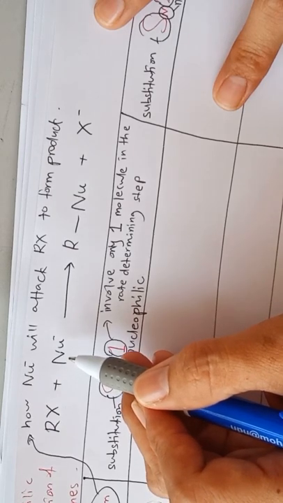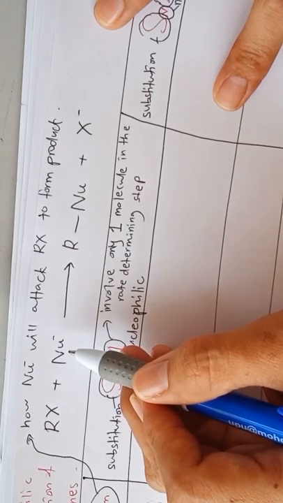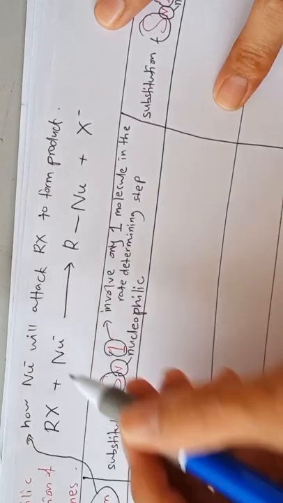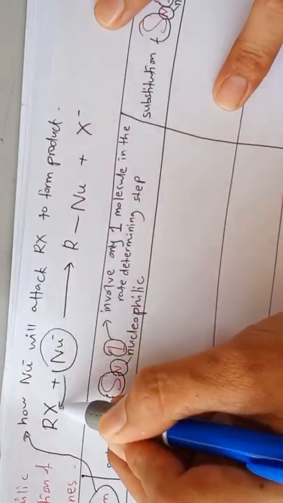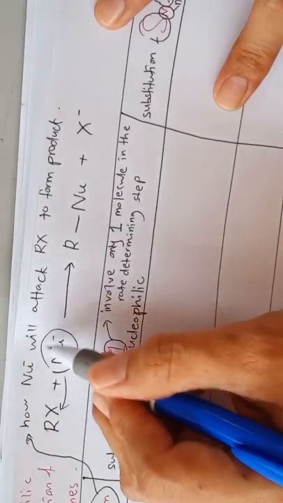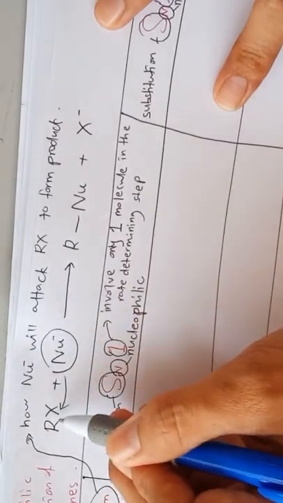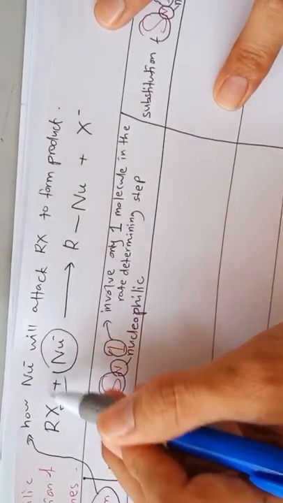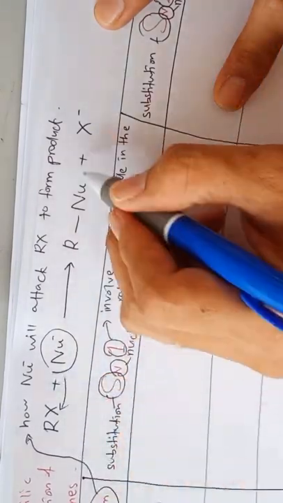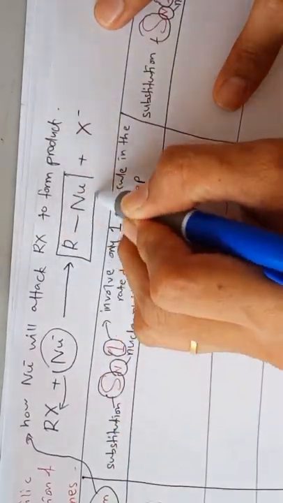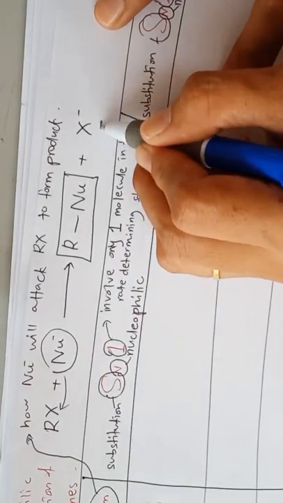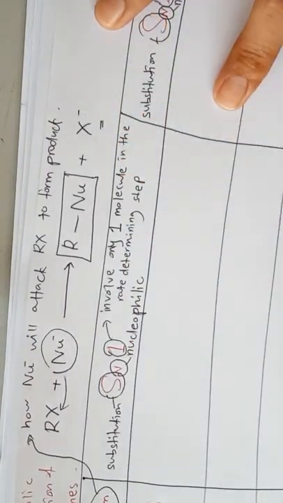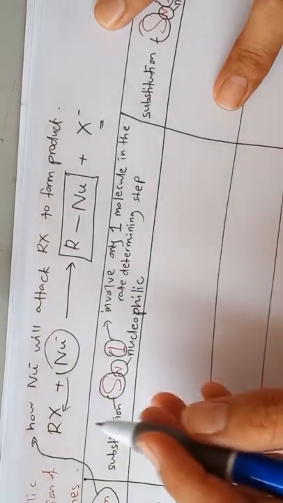We know that it will undergo a nucleophilic substitution reaction where this nucleophile will substitute the halogen. The nucleophile will attack the R here and the halogen will be taken out. So this is the product that we are going to form, and the halogen X will become X minus.